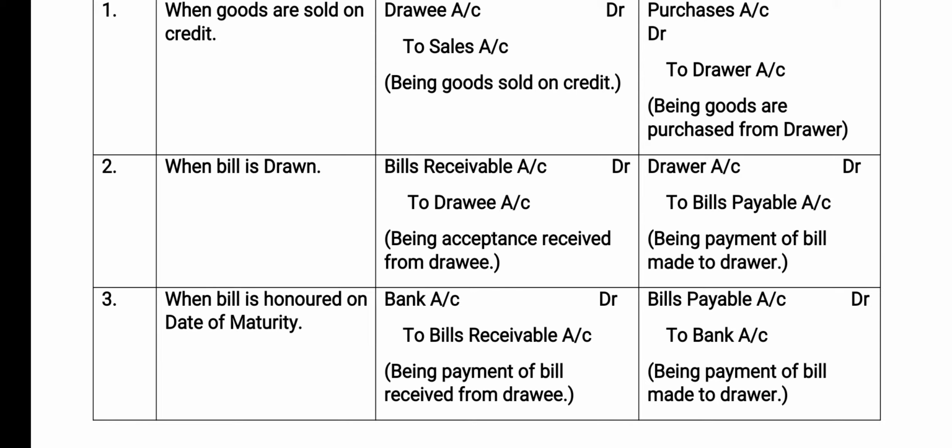So bills receivable account debited to drawee account, as debit what comes in. In the second case, drawee account debited to bills payable account because he is going to pay: debit what comes in, credit what goes out.